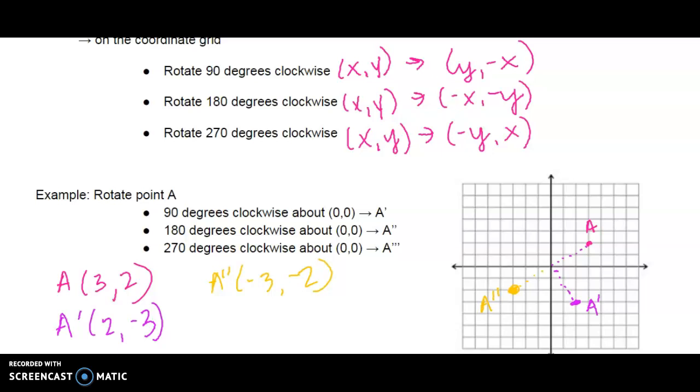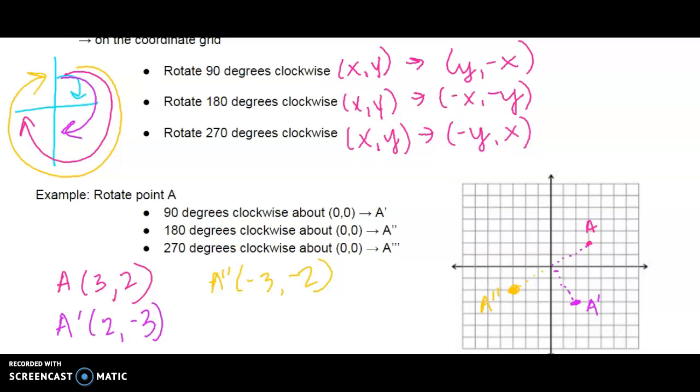And then lastly, we have a 270-degree clockwise rotation. A 270-degree clockwise rotation is like 3/4 of a turn. Remember in class we talked about each of these turns. 90 is a quarter of a turn, 180 is half a turn, and 270 is 3/4 of a turn because 360 is a whole turn, right?